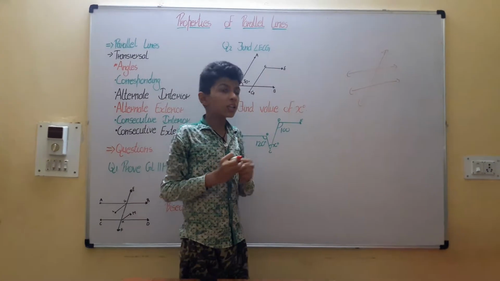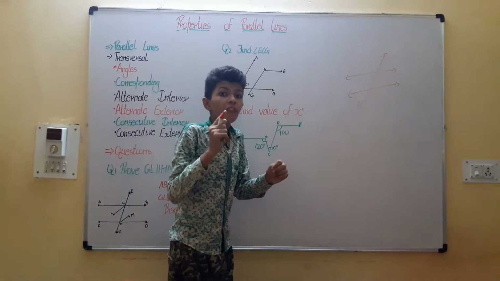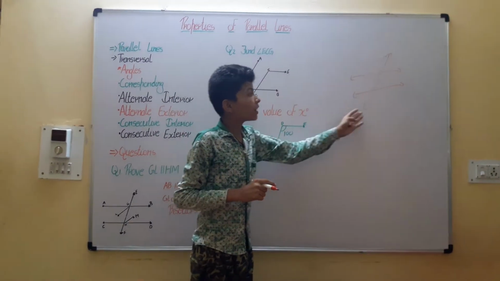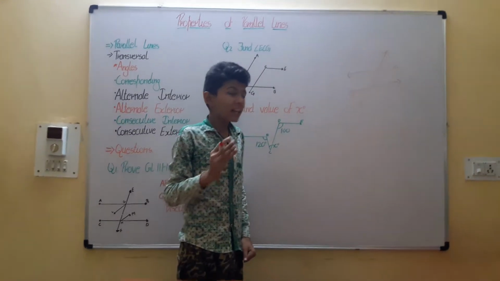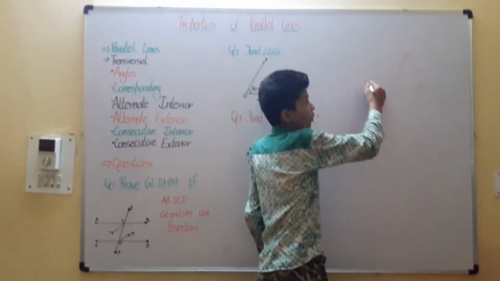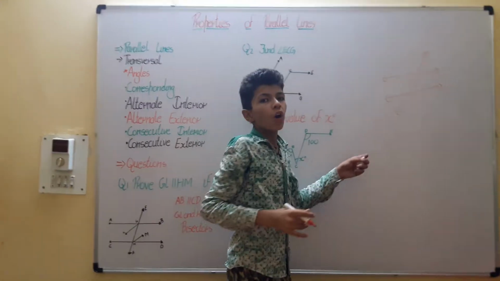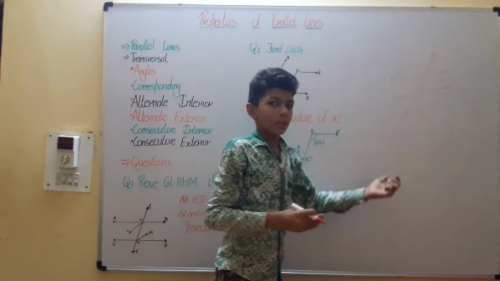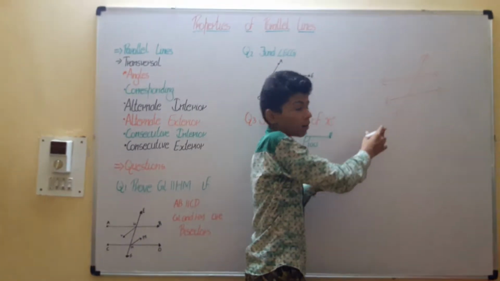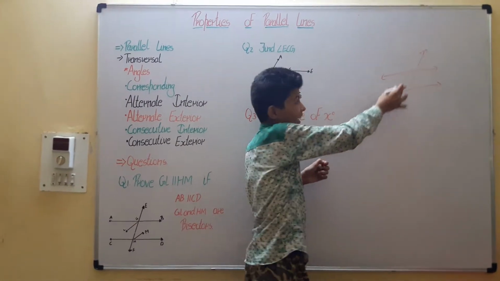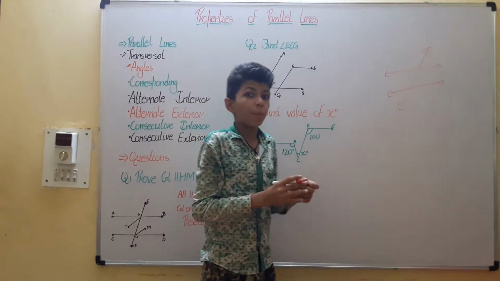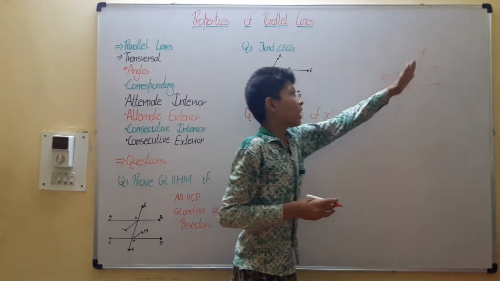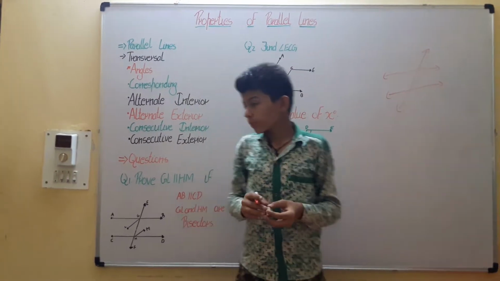If the transversal cuts one parallel line, it should be cutting the other line also, unless it is drawn on one of the parallel lines and is parallel to it. In that case it would not be a transversal, because a transversal cuts both the lines.